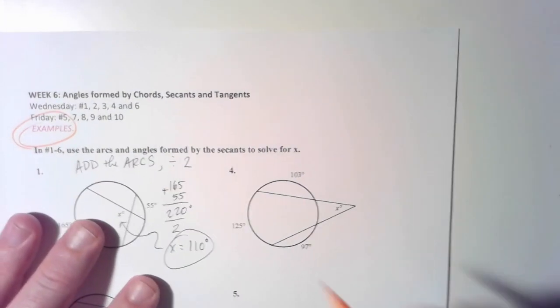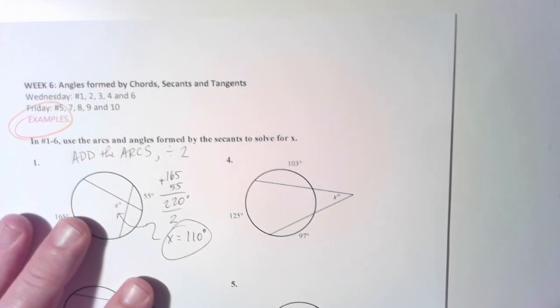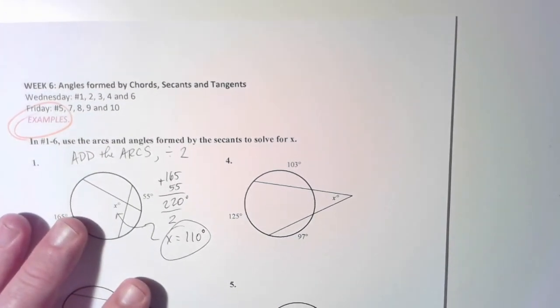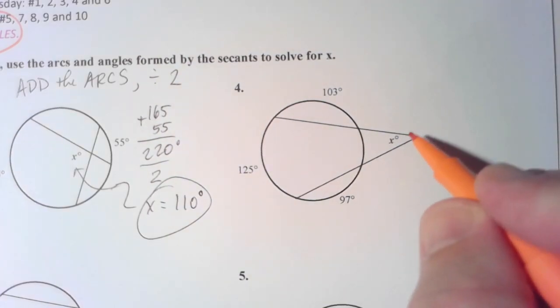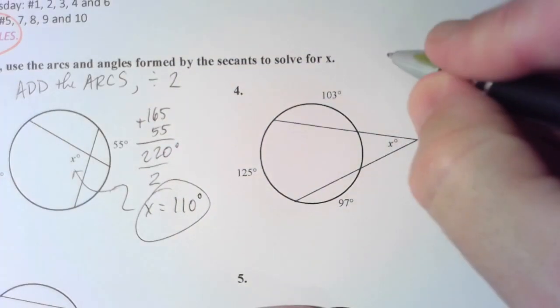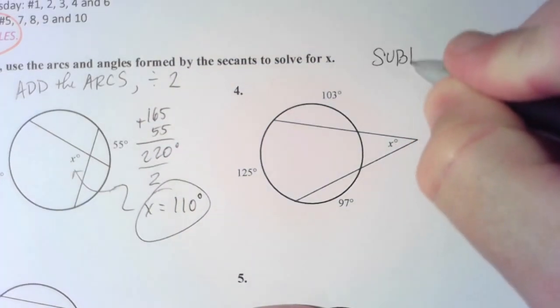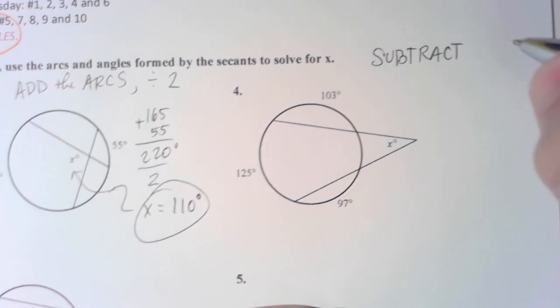Again, these are examples. This is not the assignment. These are not the exact same numbers. Please do the assignment with your numbers. So you'll notice we want to subtract the arcs. But you don't just subtract any two arcs.